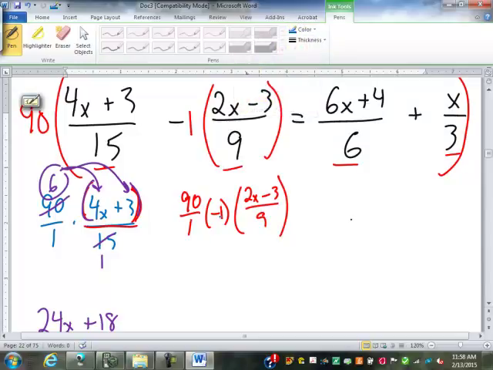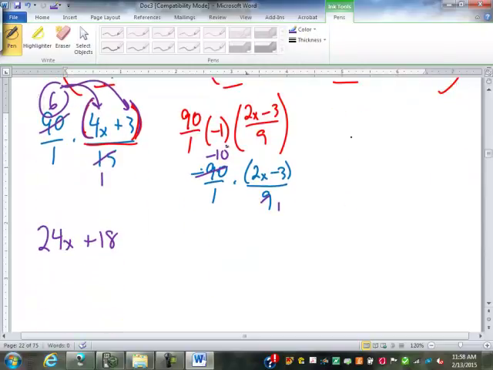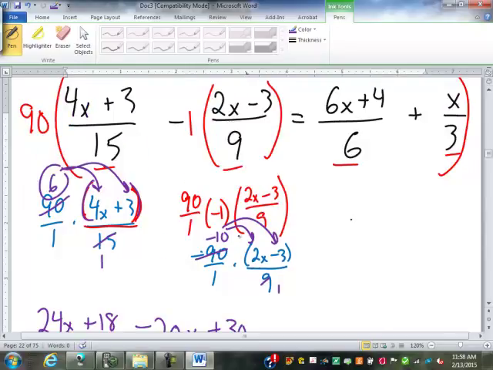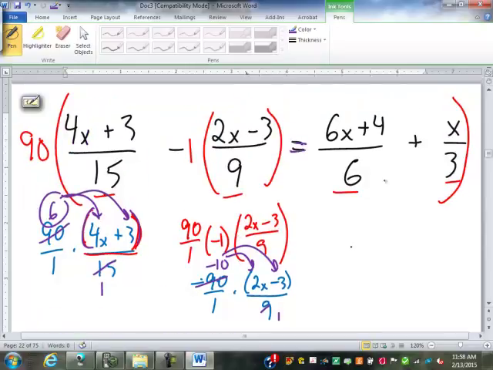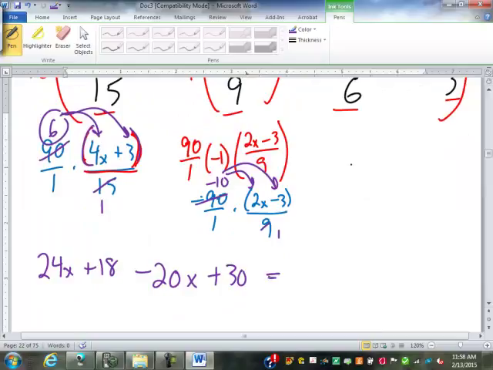I'm going to multiply the 90 times the negative 1, so it's going to be a negative 90 over 1 times my 2x minus 3, I'll put in parentheses, over 9. And we'll cross cancel the 9 to be a 1, and the negative 90 to be a negative 10. So now we have negative 10 times 2x is negative 20x. Negative 10 times negative 3 is a negative, or positive, sorry, 30.